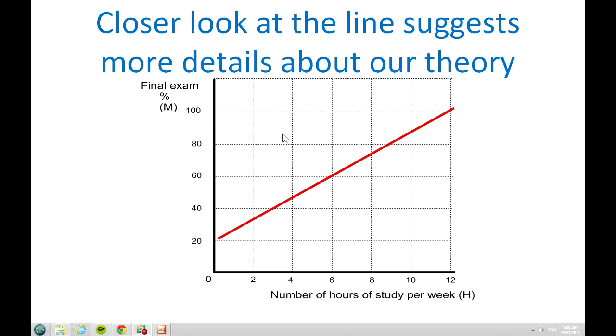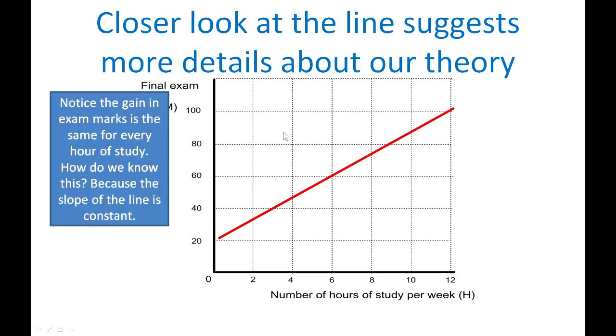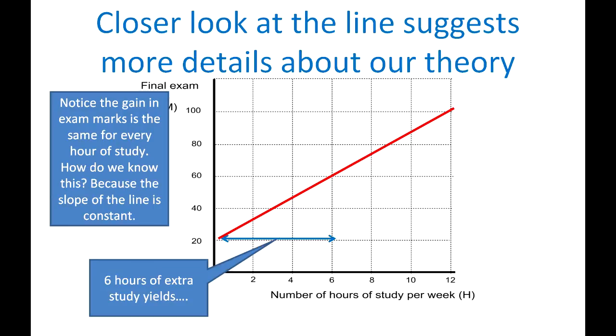Now, let's look a bit more closely at the implications of our theory. Here's the graph again. Notice that the gain in exam marks is the same for every additional hour of study. We can guess this by looking at the slope.